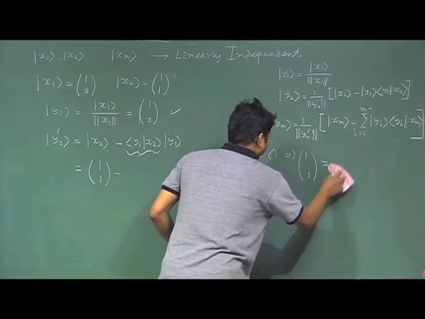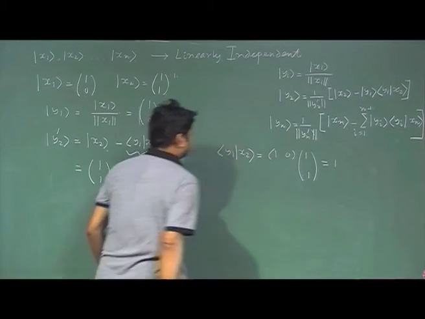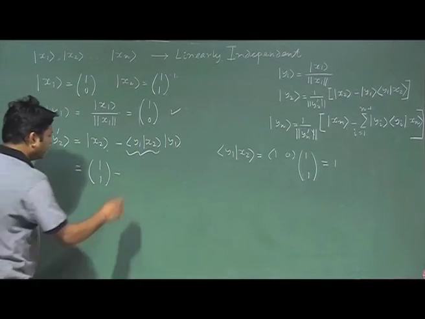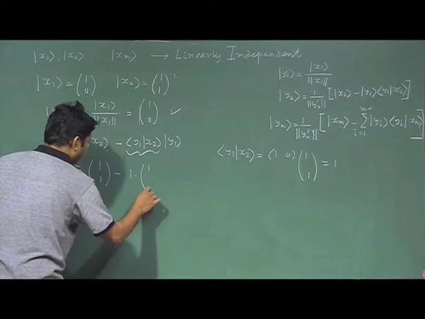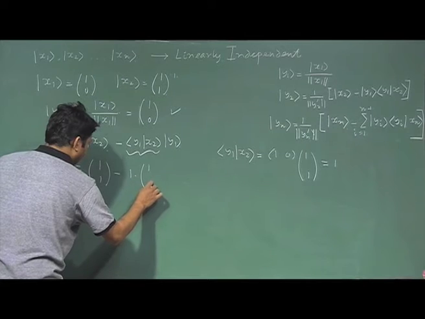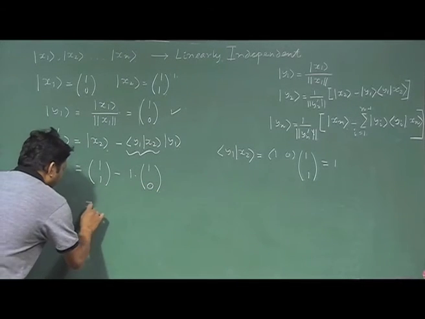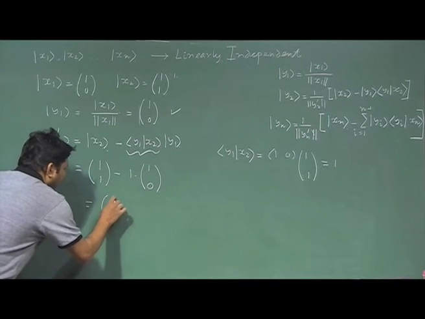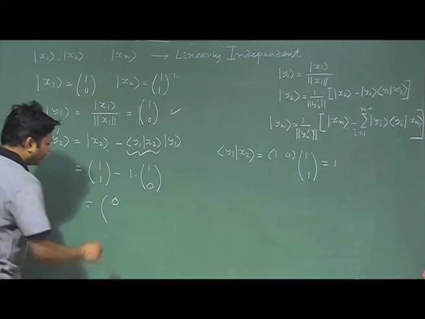So it is just 1 multiplied by y1, which is (1, 0). It comes out to be 1 minus 1, which is 0, and 1 minus 0, which is 1.